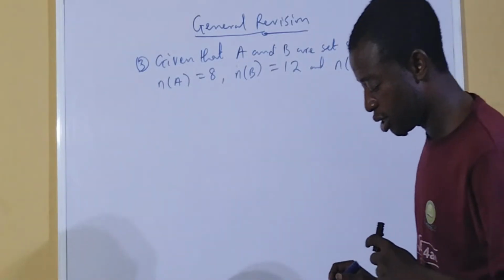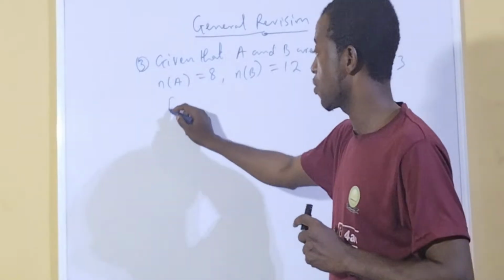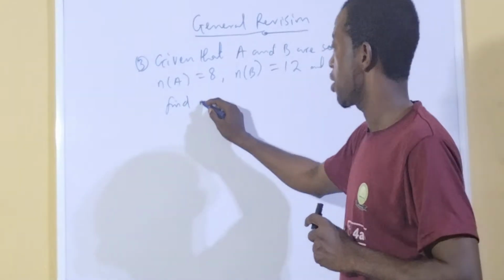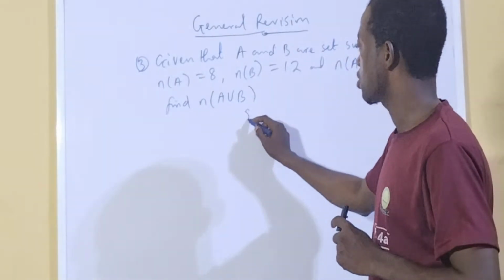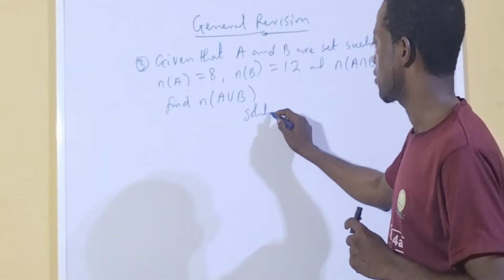We have to find the number of elements in A union B. So let's consider this solution here.